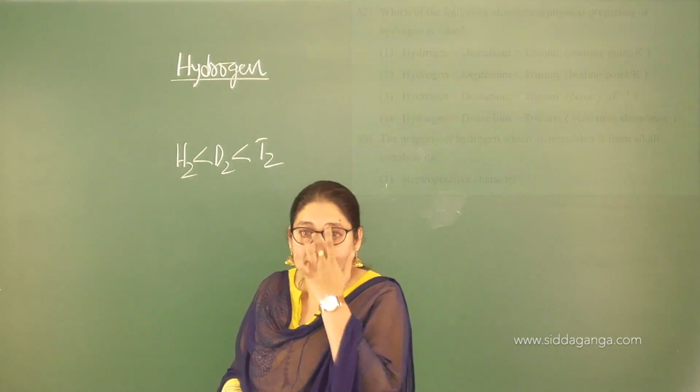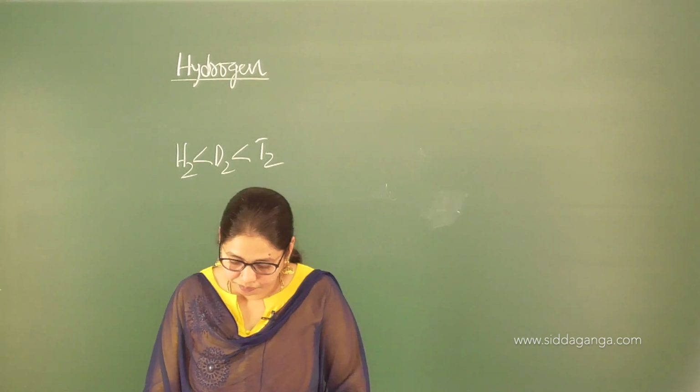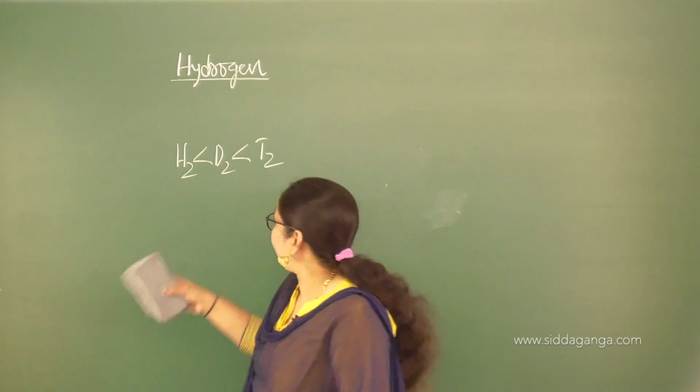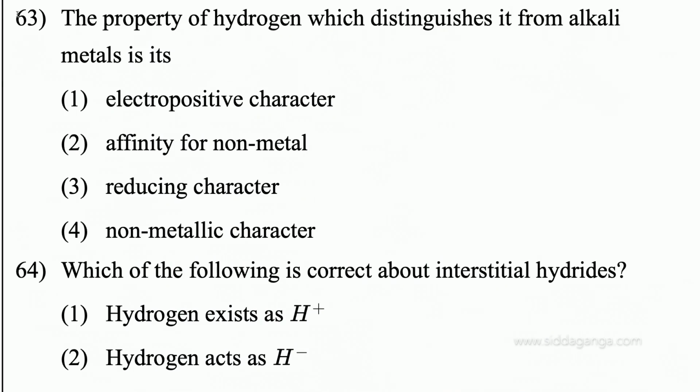Okay. So if you move on to the next one. The property of hydrogen which distinguishes it from alkali metals is: electropositive character, affinity for non-metals, reducing character, non-metallic character.